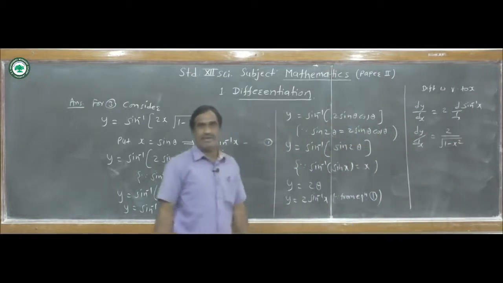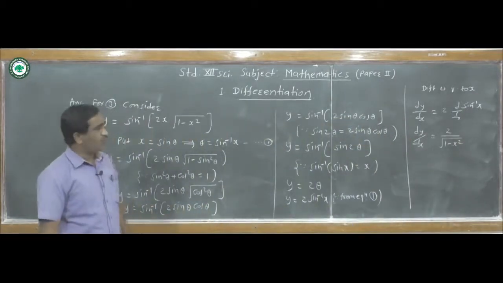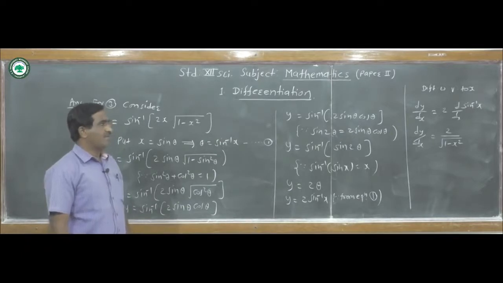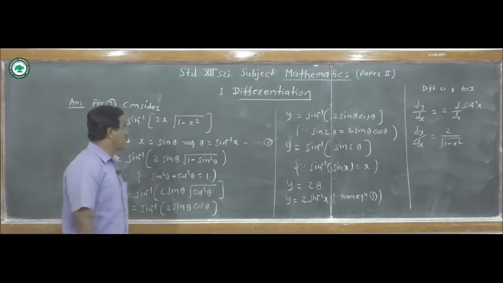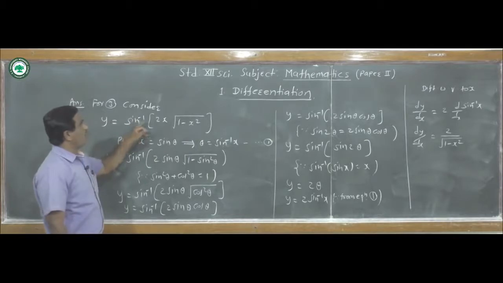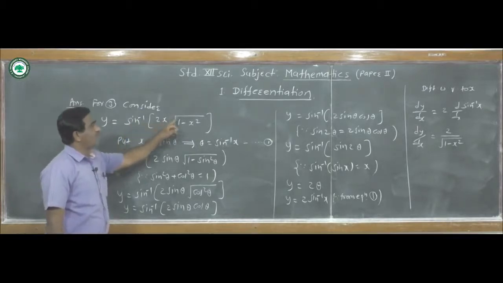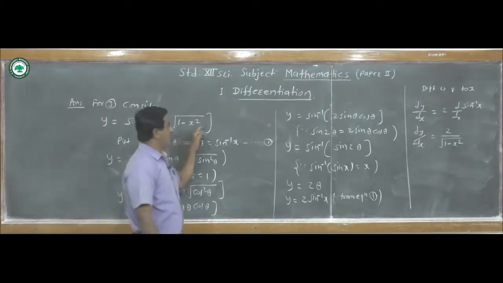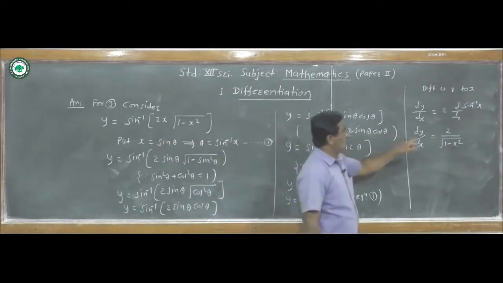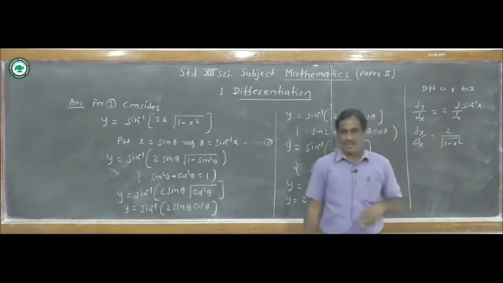That is, we get dy by dx is equal to 2 upon under root 1 minus x square. That is, derivative of sine inverse of 2x into under root 1 minus x square is 2 upon under root 1 minus x square.